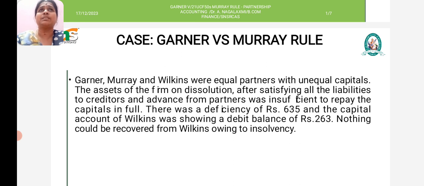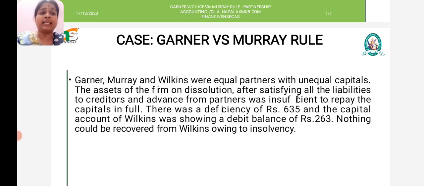So it is compulsory to make the settlement to the creditors and bankers. Then if there are any loans or advances from partners, after paying all these things only, capitals will be satisfied. That is, capitals will be settled based upon the amount which is left as balance.